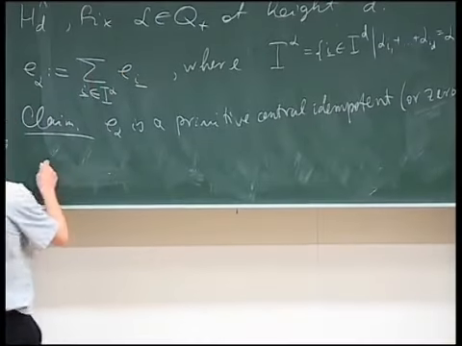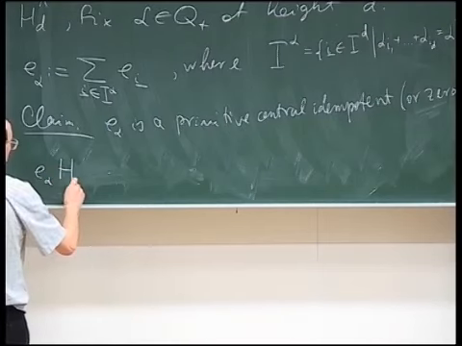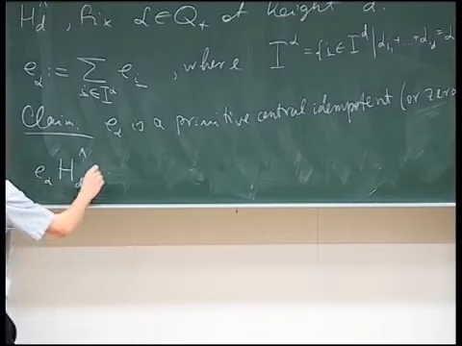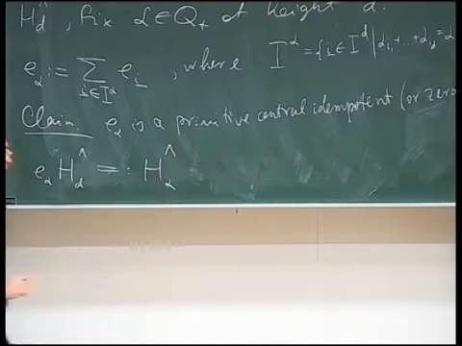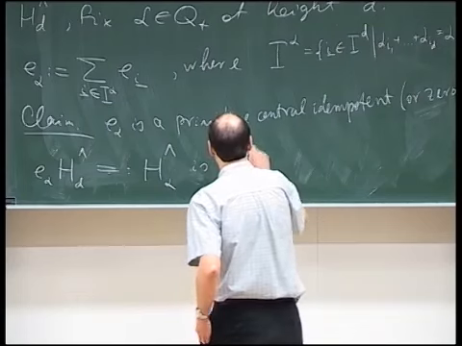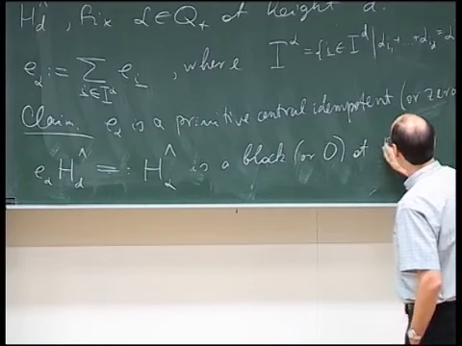correspondingly, you can define the algebra E alpha H d lambda, which I will usually just denote H alpha lambda. And then it's either 0 or it is a block of H d lambda.